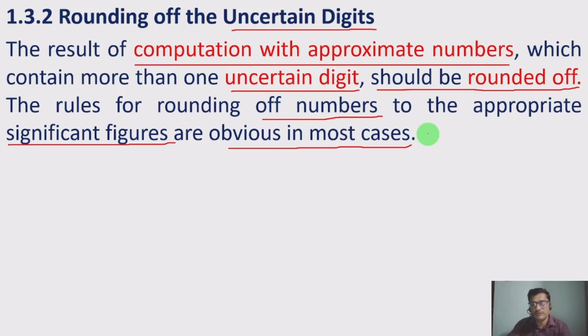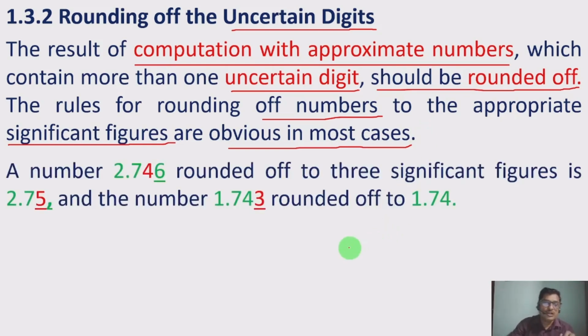How the rounding off can be taken, one example we'll take here, and from that the rules we'll discuss. The number 2.746 rounded off to three significant figures is 2.75, and the number 1.743 is rounded off to 1.74 only.